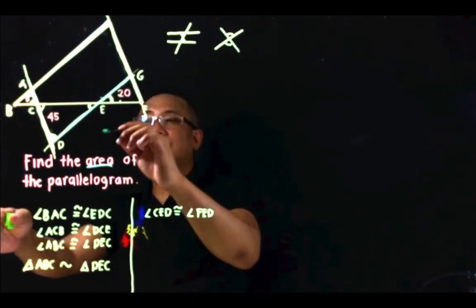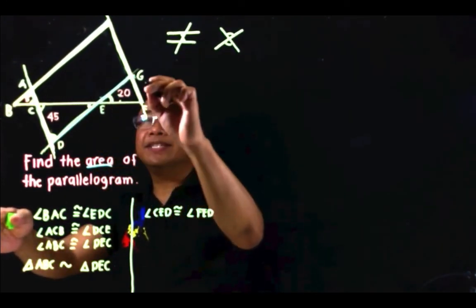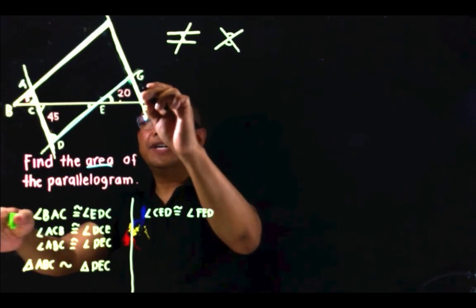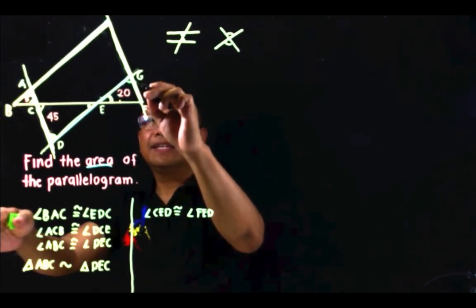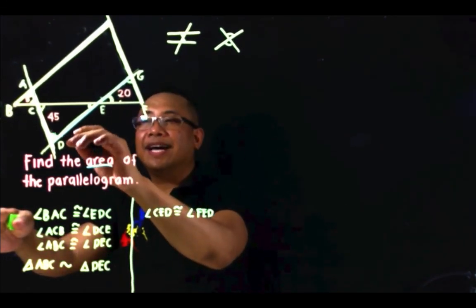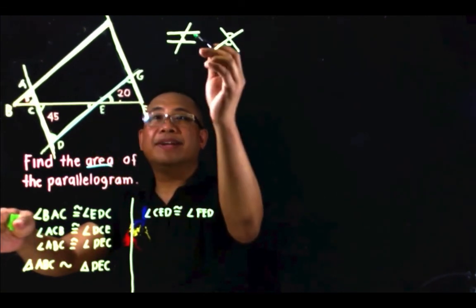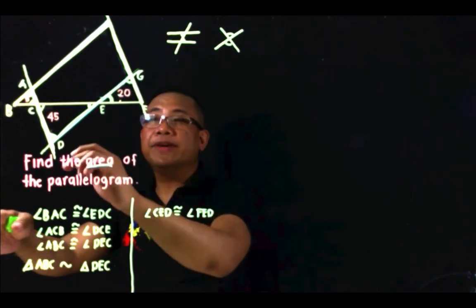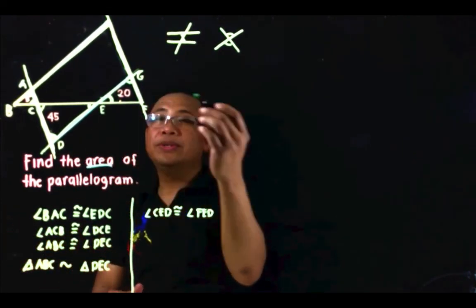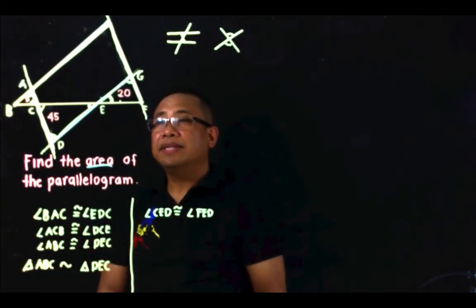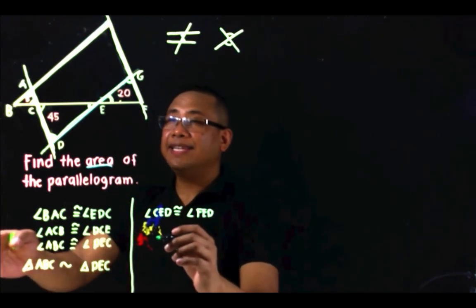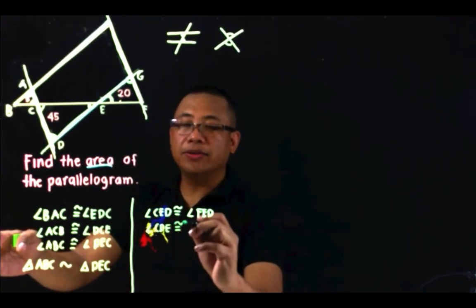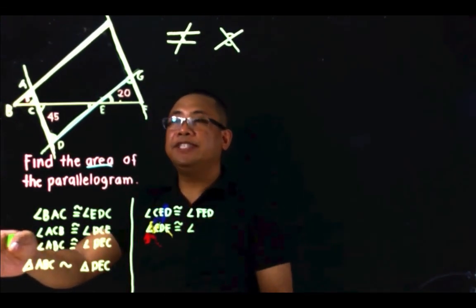These two parallel sides are cut by this transversal. Therefore, this angle and this angle are alternate interior angles, similar to this. One at the right side, one at the left side, and both of them are inside the two parallel lines. So, we can say that angle CTE is also congruent to angle FGE.